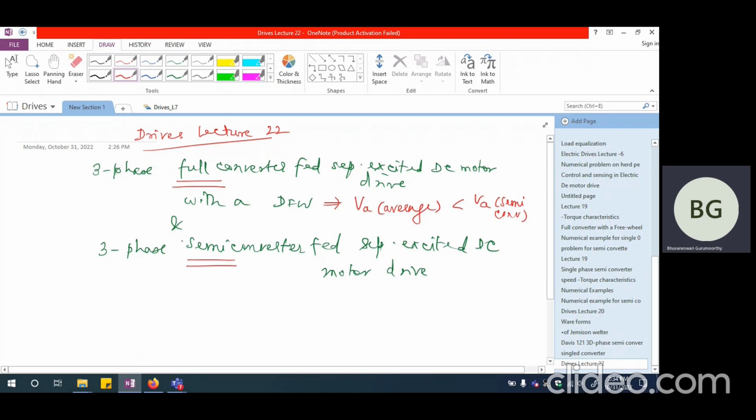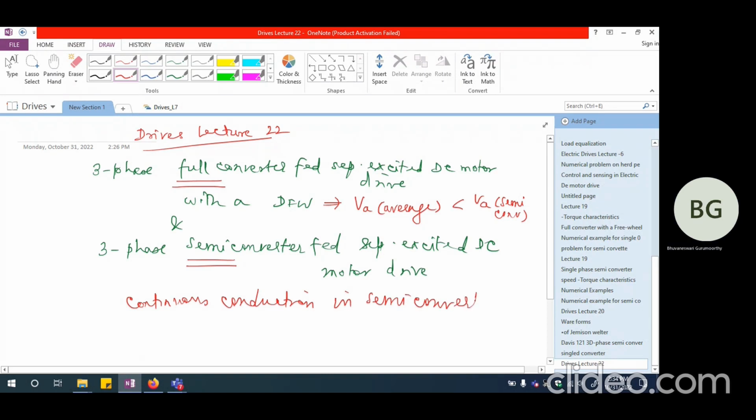So in general, we are going to see that continuous conduction is more prevalent in semi-converter case as compared to the full converter with DFW.